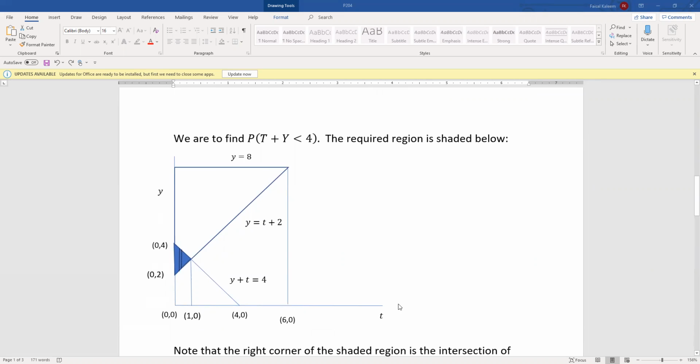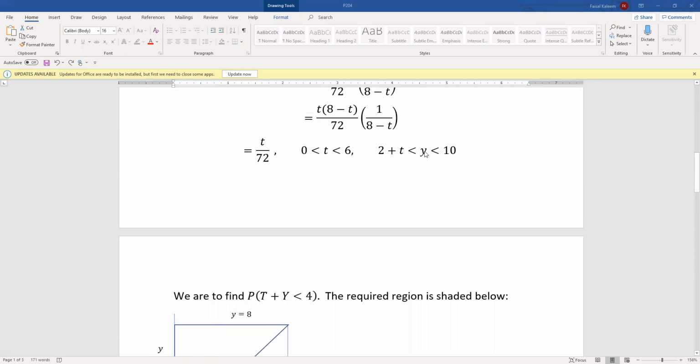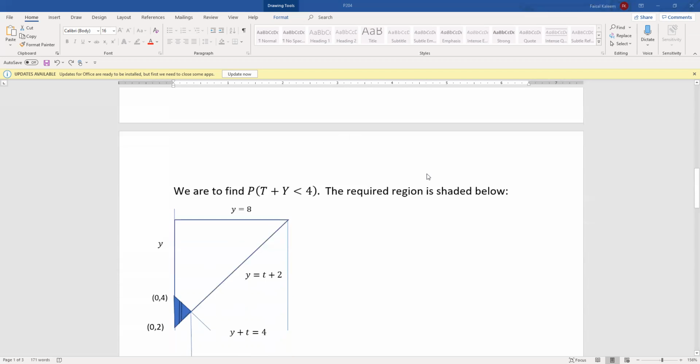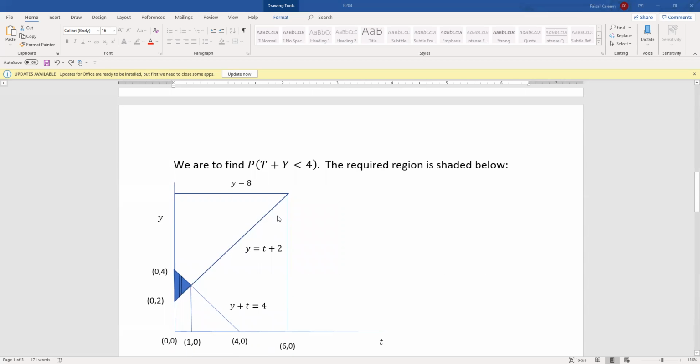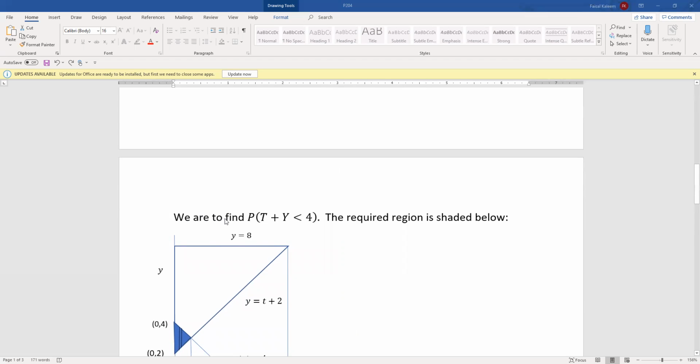We have t along the horizontal and y along the vertical. And y was given to be between t plus 2 and 10. y equals t plus 2 is this line, which has y-intercept 2 and slope 1. And y equals 10 will be somewhere above. It looks as if I have made a mistake here, but I haven't.